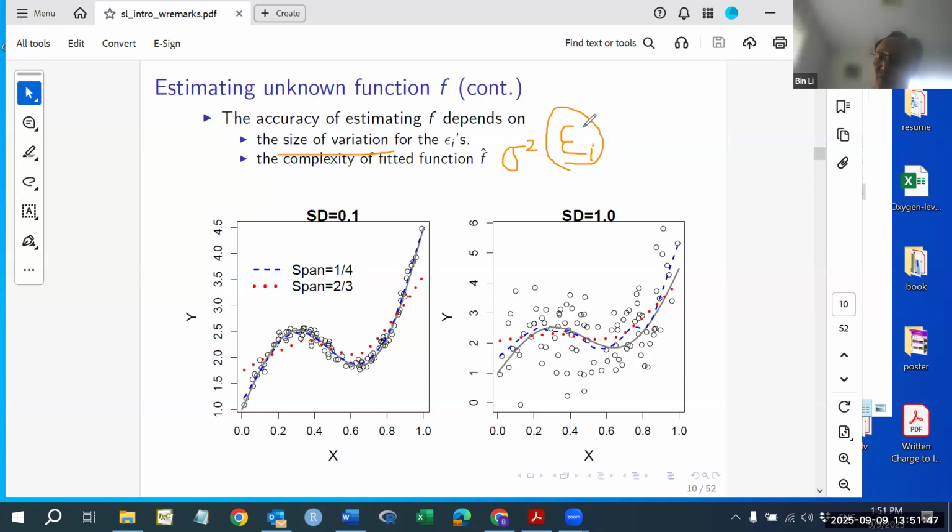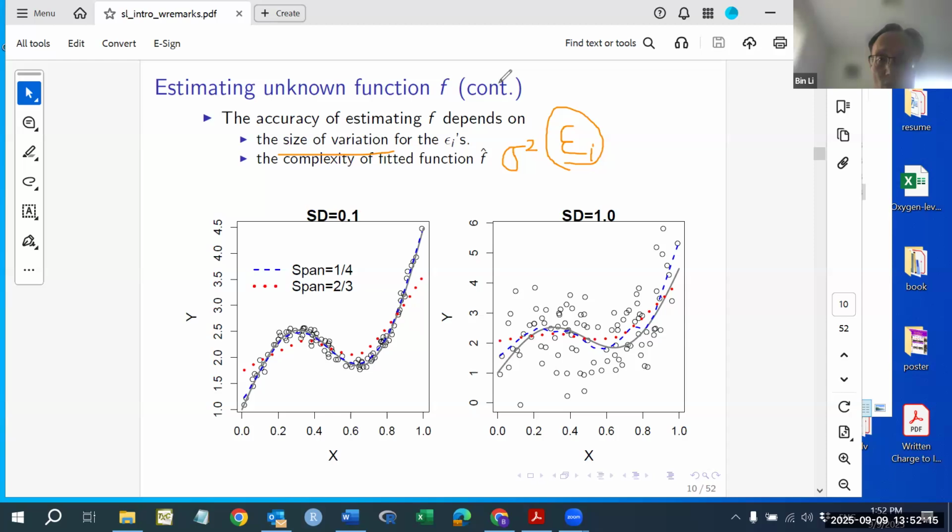If you have a data set, people say, oh, this data set has a bad quality. Usually that means the size of the variation for this noise level is very high. Okay, so that's one of the main reasons for the low quality of the data. And another possible reason is that the data has some bias.